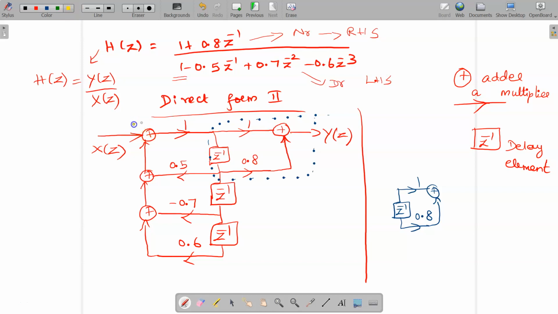This is my first part of the diagram. So this part I have to draw in the right hand side. So how will you draw? We have 3 z inverse terms.